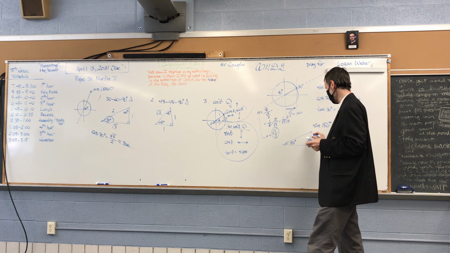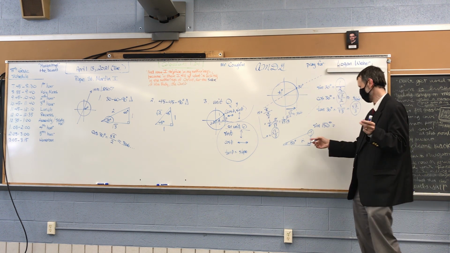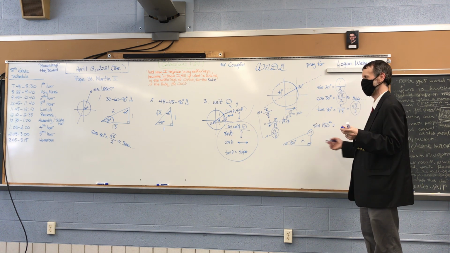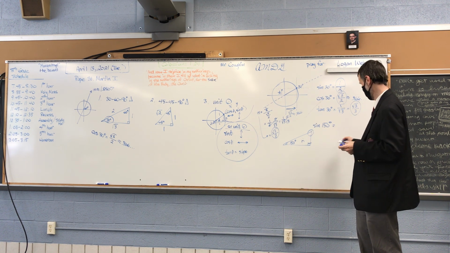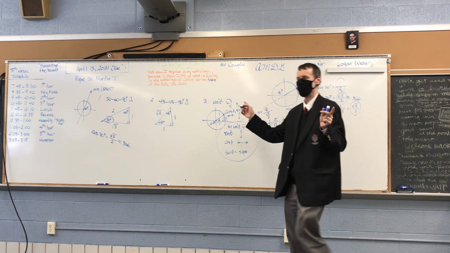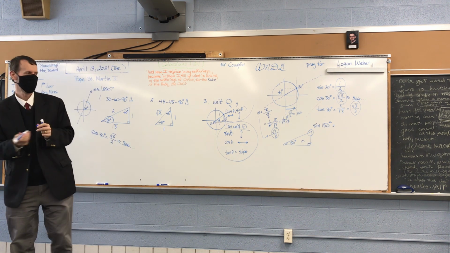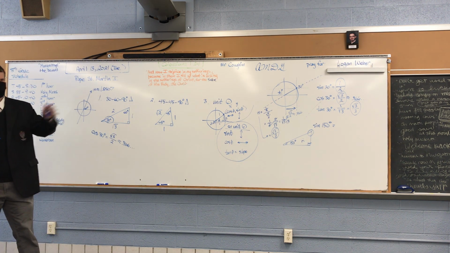You've got way more than 180, and you haven't even used the third angle yet. This is a totally illegal triangle. You've got 240 degrees already, you've already killed your triangle, and you still have one more angle to go. So I can't use SOHCAHTOA. I can't use opposite over adjacent, or opposite over hypotenuse, or adjacent over hypotenuse. Can't do any of those.